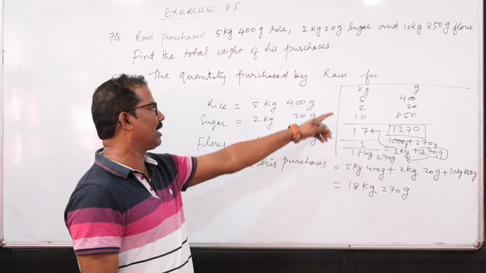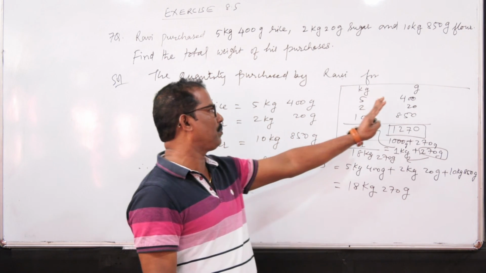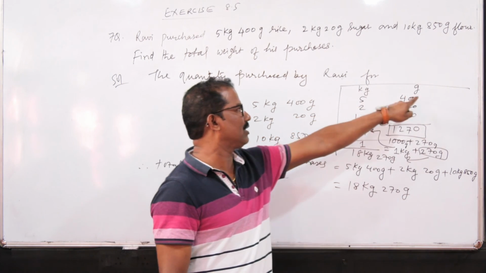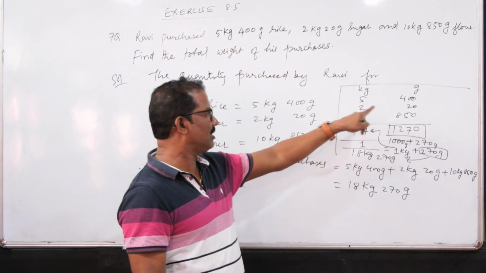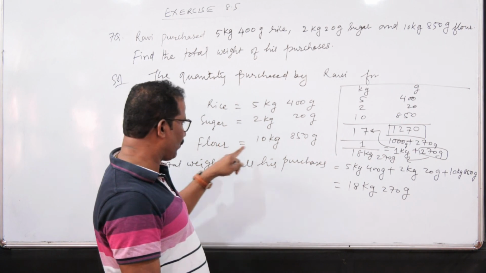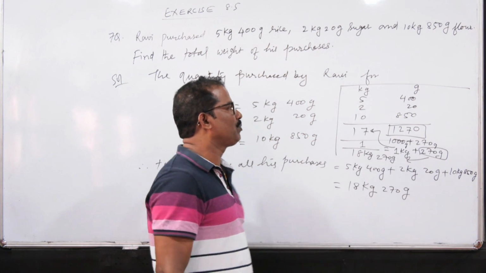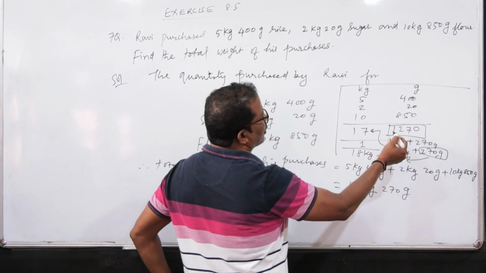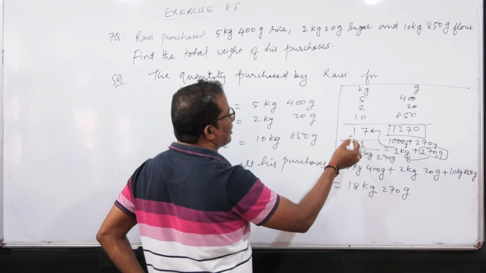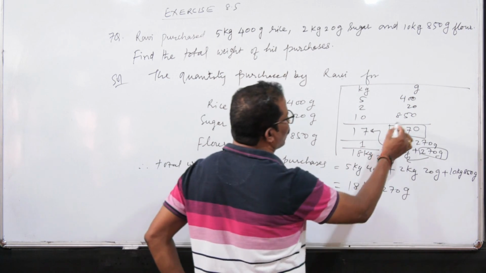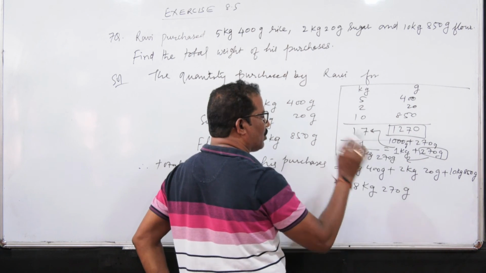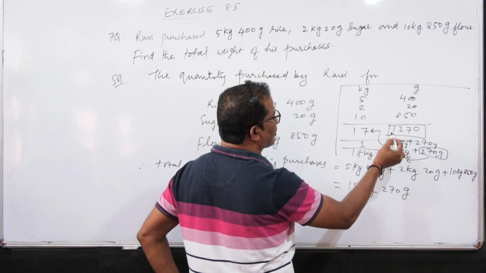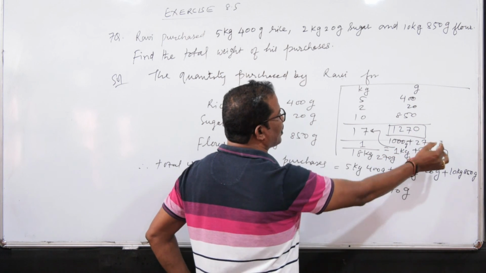Understand all of you? Again you see here, there are two separate units, grams and kgs. For rice 5 kg 400 grams, for sugar 2 kg 20 grams, and for flour 10 kg 850 grams. When we add all the grams, we got 1270 grams, and kgs 17 kg. But 1270 means more than 1000, and we know that 1000 grams is equal to 1 kg. For that only we have separated like this: 1000 plus 270.